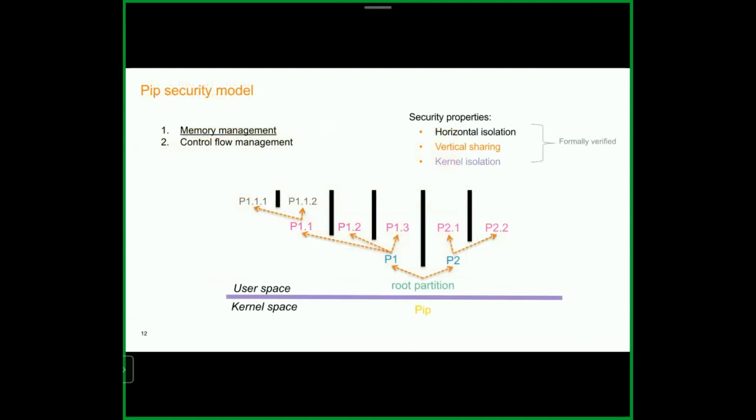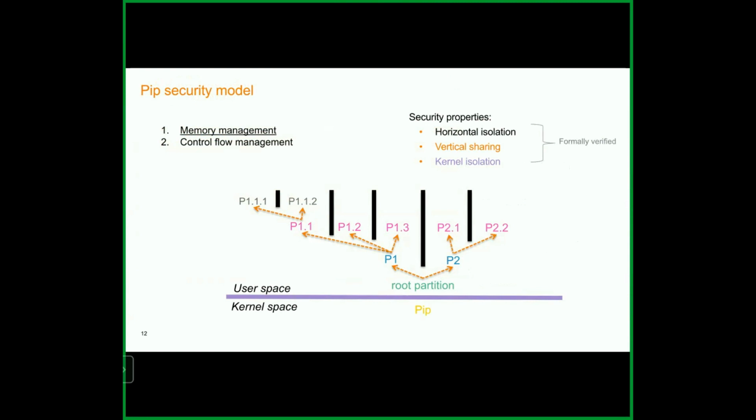And on the Pip side, Pip is specialized in memory isolation, and it only does two things: memory management and control flow management. As you can see, we also have this nested memory space concept in Pip, but it has a strict security policy, which you can see with the vertical black bars.